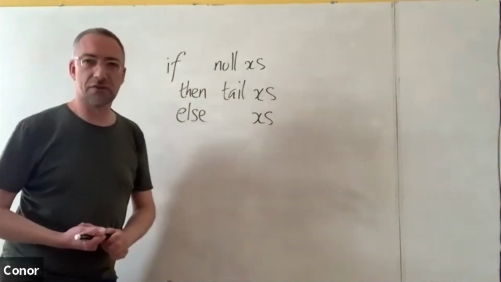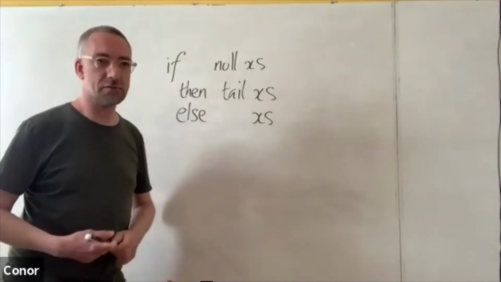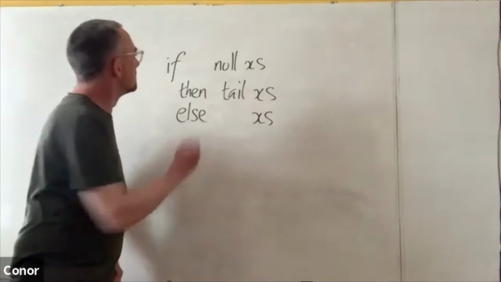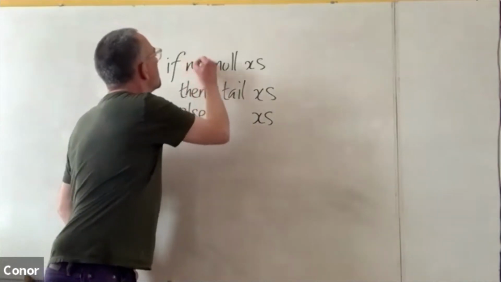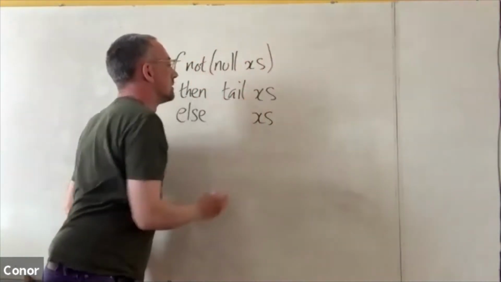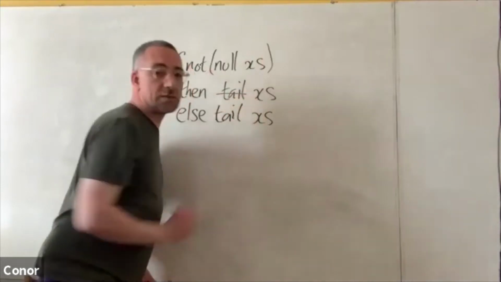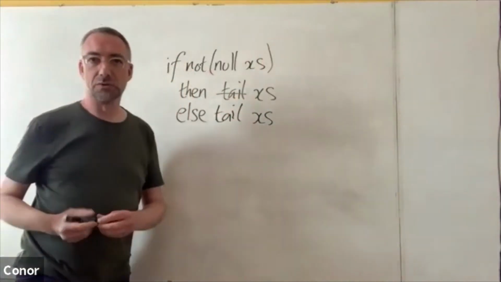Any suggestions for how to fix it, possibly from other people in the room? Well, you could invert the condition, right? Or you could swap the branches. Just to be on the safe side, I've done both.